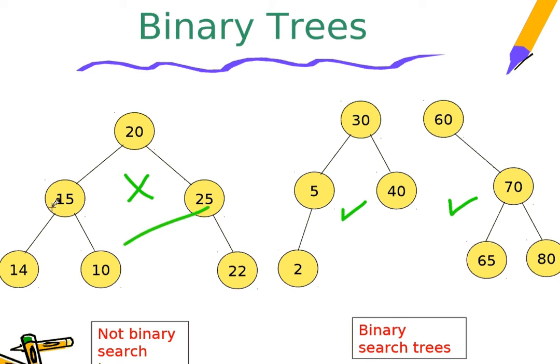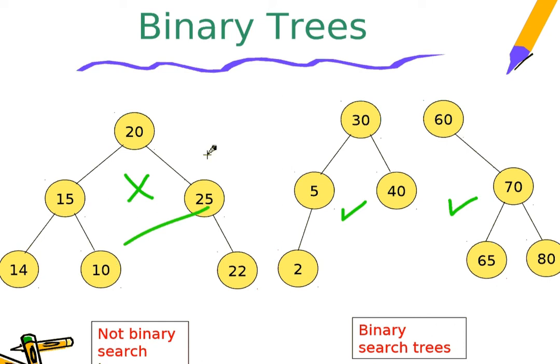let us take the left subtree. If we take the left subtree, 15 is the root. So the left of 15 should be less than 15. Okay, 14, fine. But you can see that the right of 15 is 10. It is supposed to be greater than 15, but here it is 10.